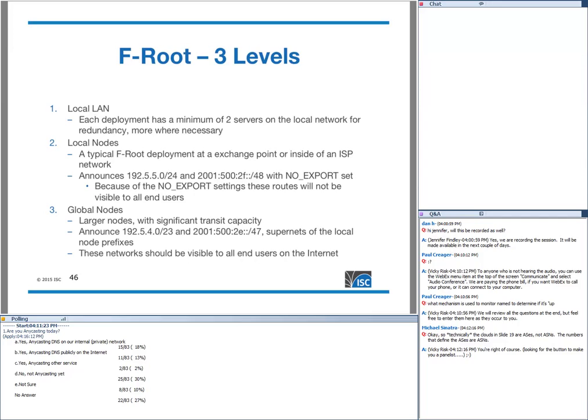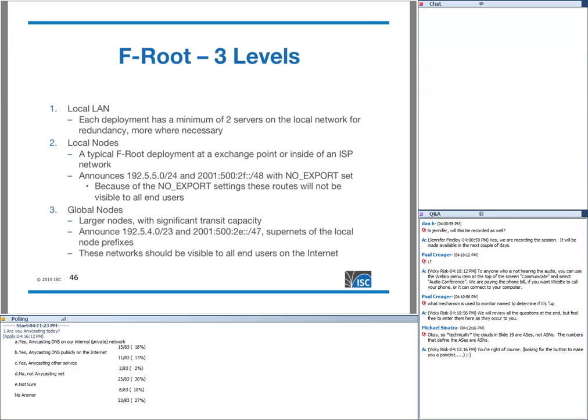So then we go to number 2, that contrasts the local nodes, which in typical F-Root deployments are at internet exchange points, or occasionally inside an ISP network. What these do is they announce a more specific prefix, both for IPv4 and IPv6. They announce a /24 for IPv4 and a /48 for IPv6. And it announces those using BGP.